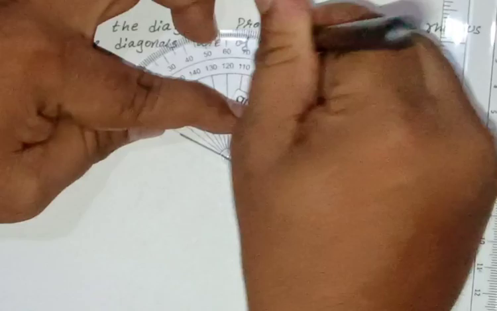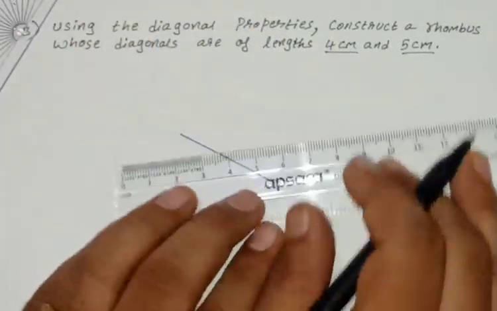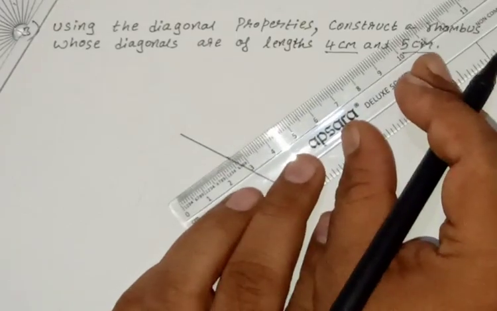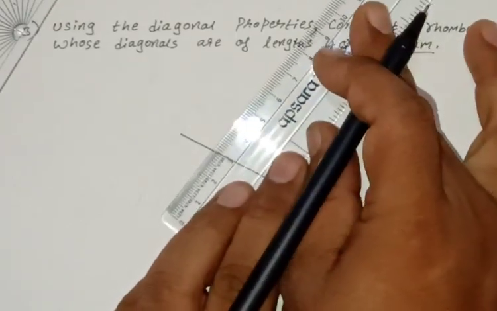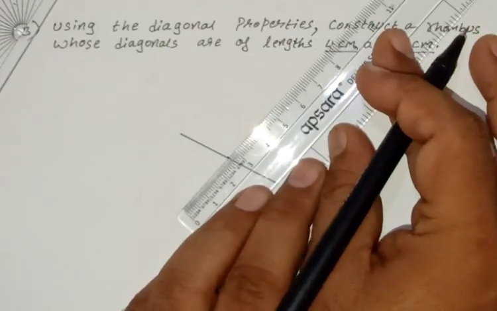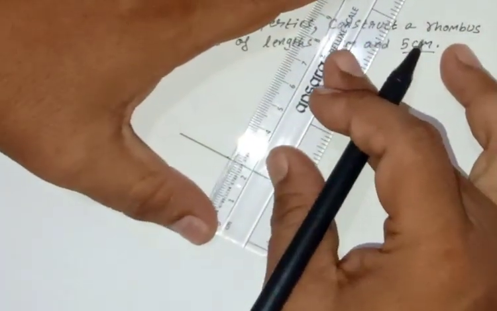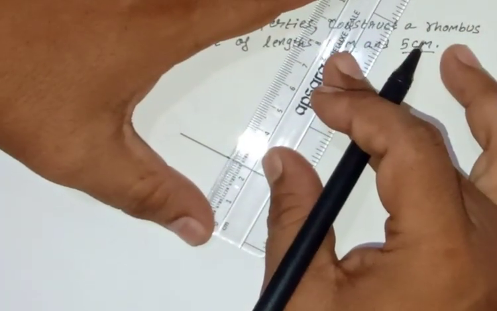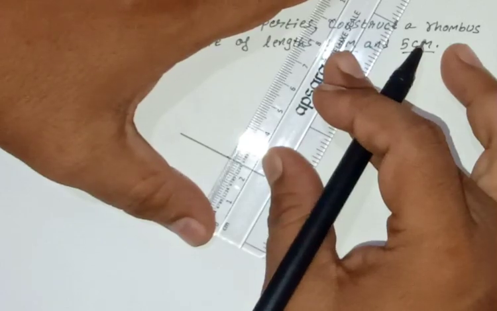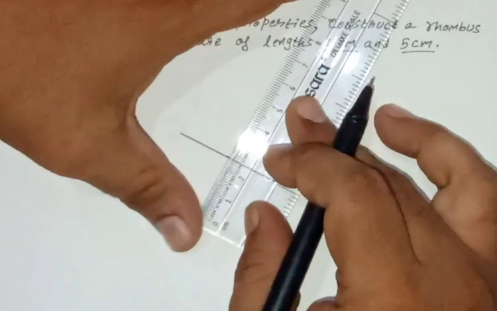So 90 degree will be here, where we can keep it and draw 5 centimeter. Half of that 5 centimeter is 2.5. Okay children, the point has gone up to the question here, so I'm keeping it here.